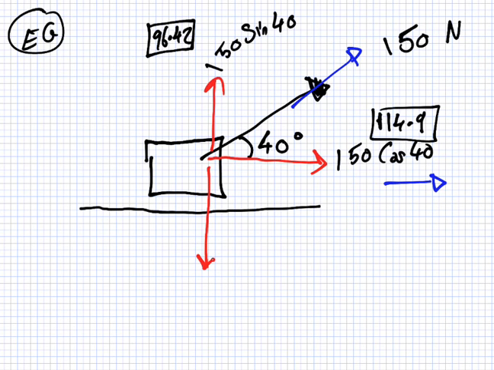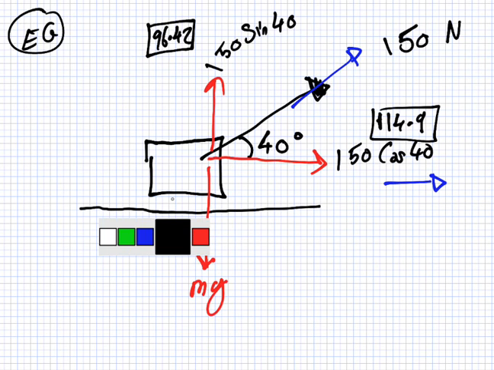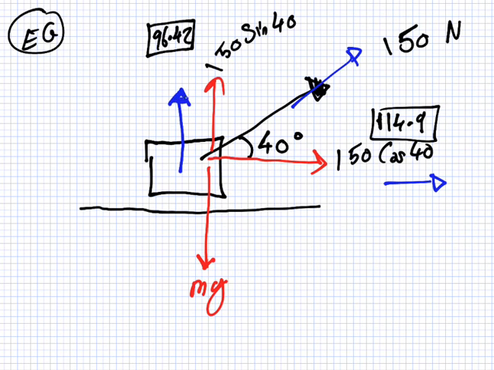Now, I haven't drawn all my forces on my picture yet because there's a force going down here. What force is that? mg. And let's not forget, and some people know this and some don't, there must be a force going up from the table called R. Now this might be new for some people, so I'll explain. If you look at this, it's not moving, right?